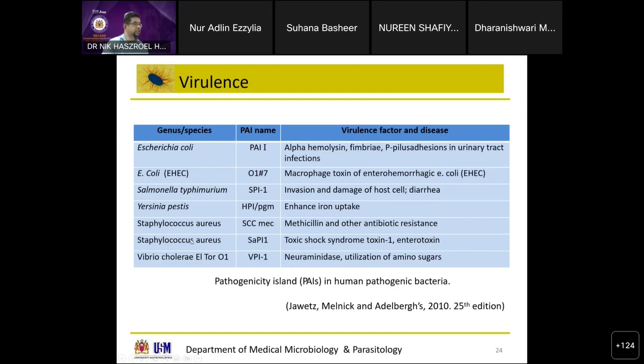So these Staphylococcus aureus you can usually treat with cloxacillin, but once they have this pathogenicity island, they become resistant to the antibiotic cloxacillin, and you need to treat with vancomycin. And some Staphylococcus aureus acquire this pathogenicity island SaPI1, and they produce toxic shock syndrome. And some Vibrio cholerae El Tor O1 acquire VPI1, and they produce neuraminidase and utilization of amino acids.